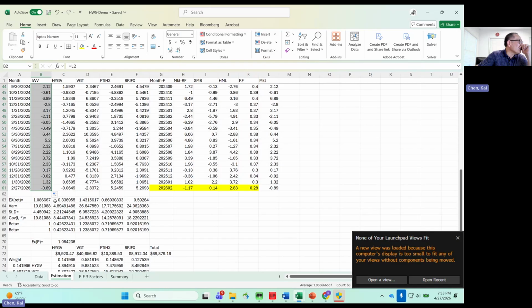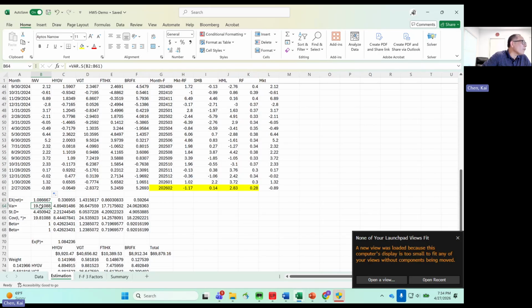You can see the expected return changes. Just now the expected return of the market was 1.09215, now it is 1.086667. So this shows the market expected return, or the average of the market over the past 60 months.